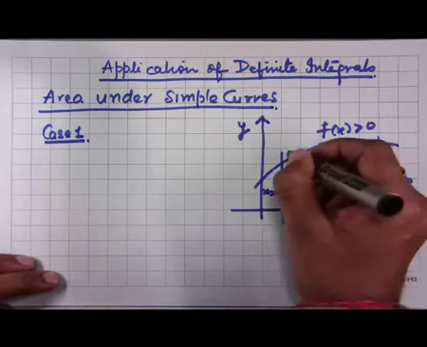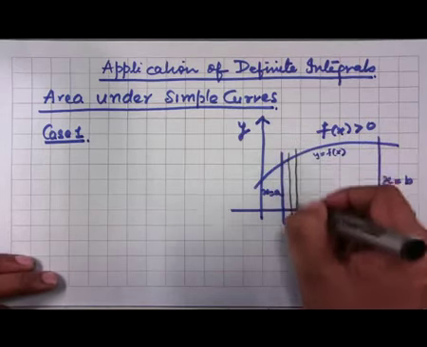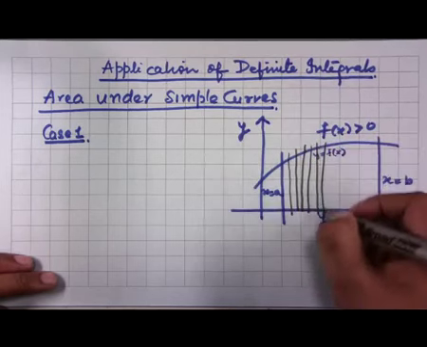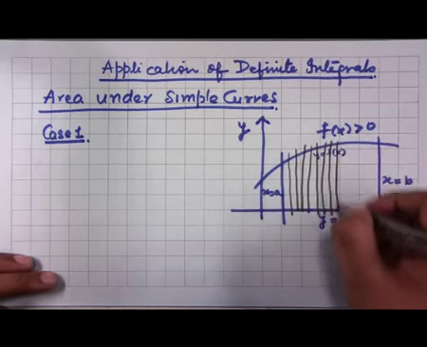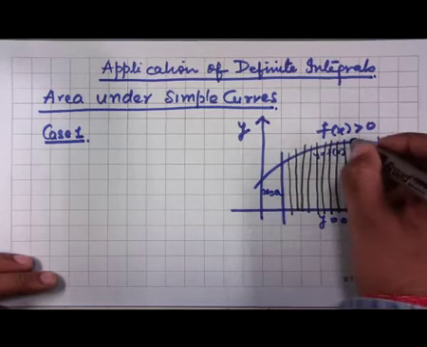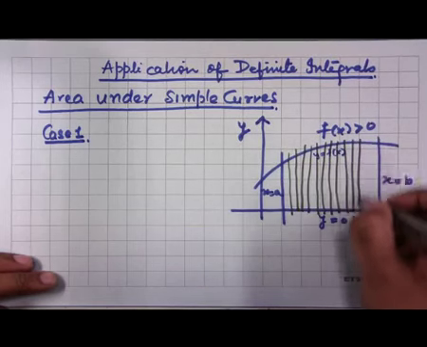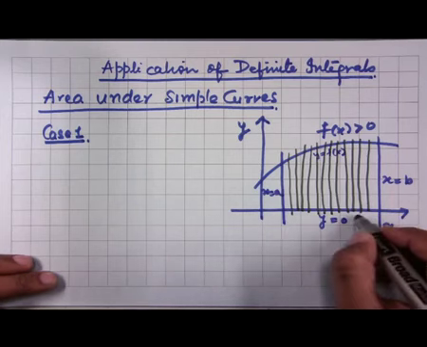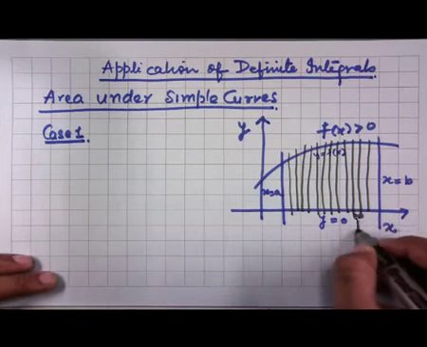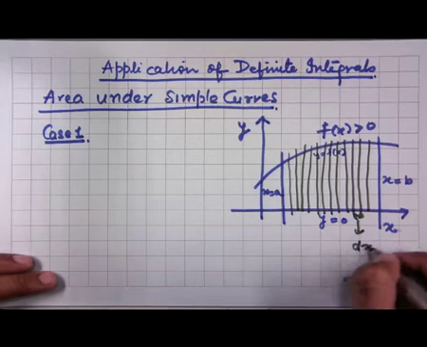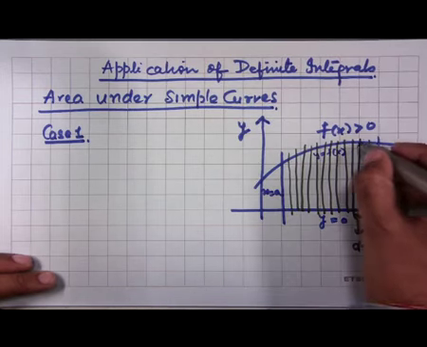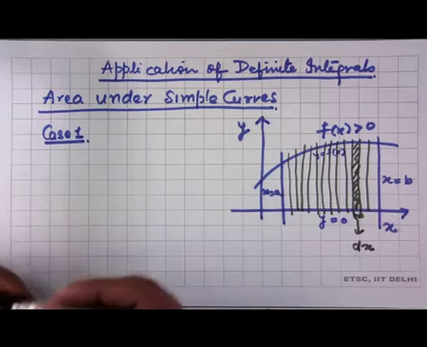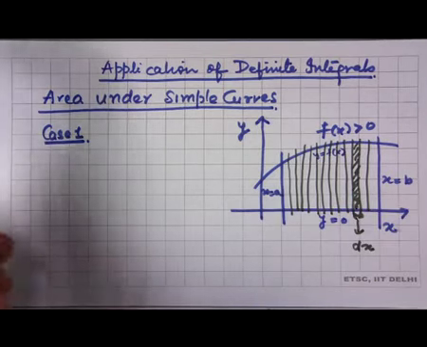So what we have done, you know that we divided it into several very thin rectangles, right. So we can take the width of say one rectangle as dx in this case, and height of this rectangle will be y.